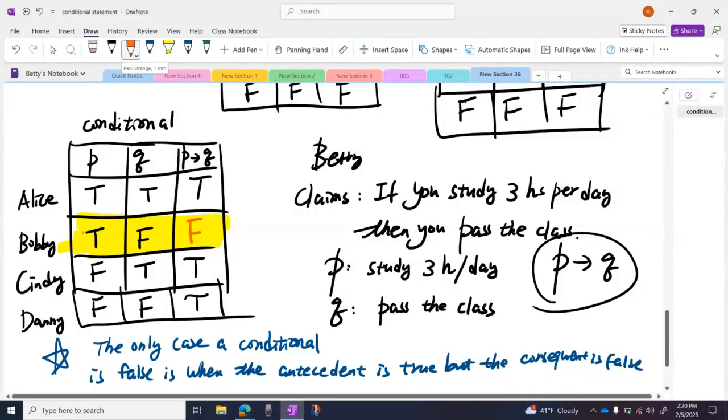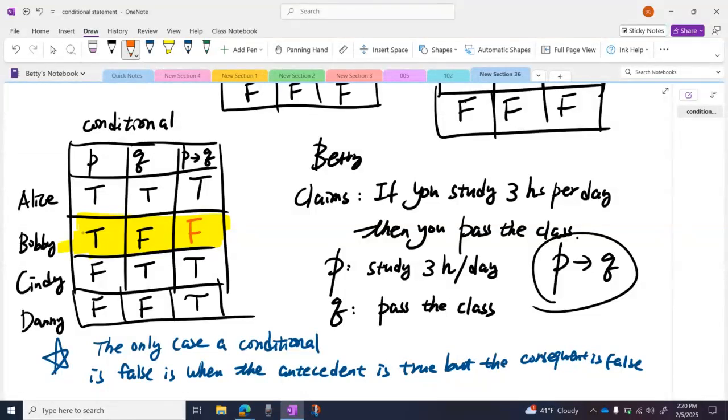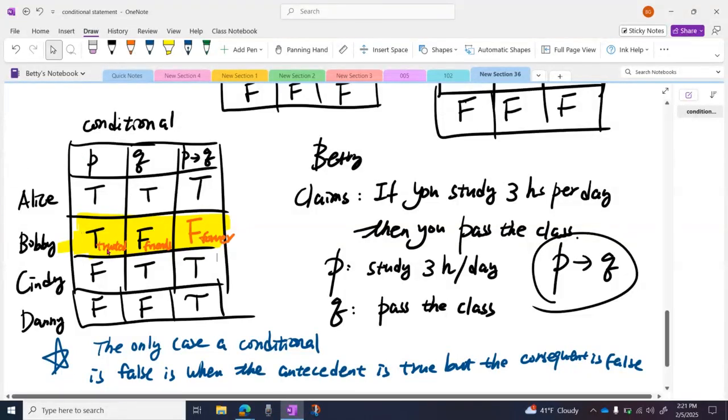To help you remember the only case a conditional is false, I give you this trick. TFF, trusted friends forever. I wrote it very small. Assume the first column is the antecedent, very important.